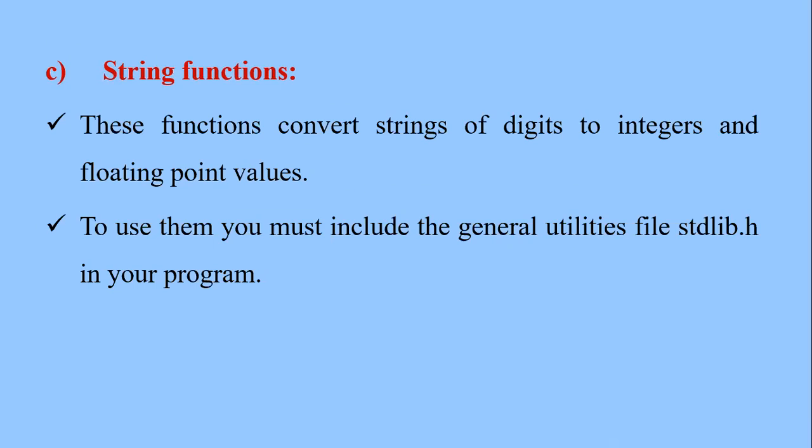So in other words, if you have to use the functions for working on strings, and those functions include, for example, converting strings to integers and to floating point values, then you have to include stdlib.h in your program. In other words, you should have the preprocessor directive for the header file called standard library.